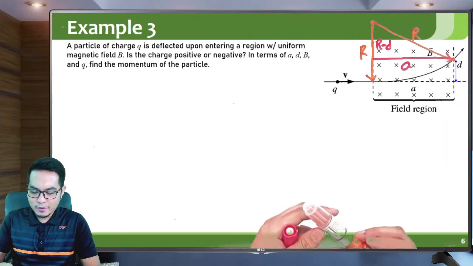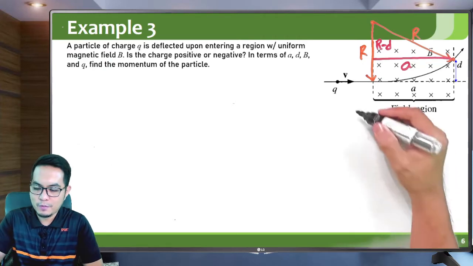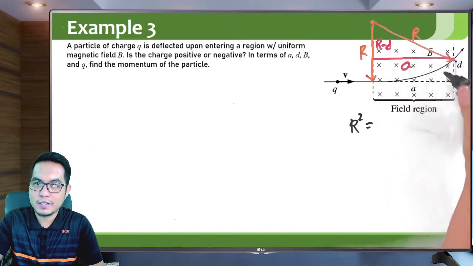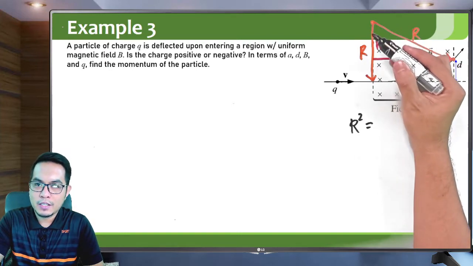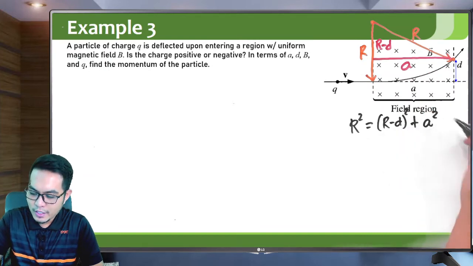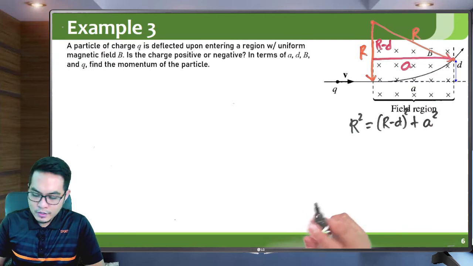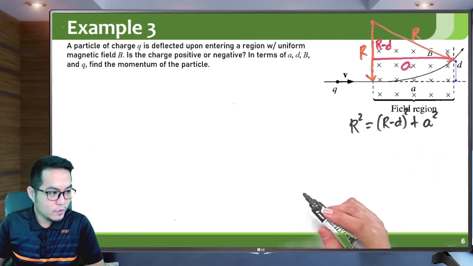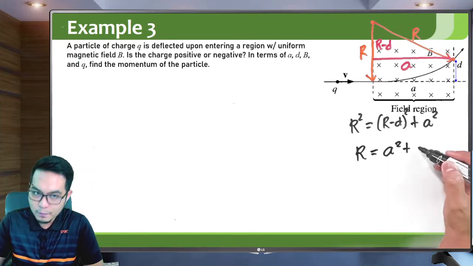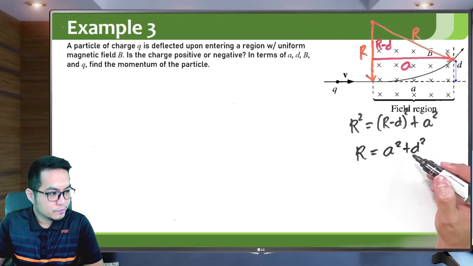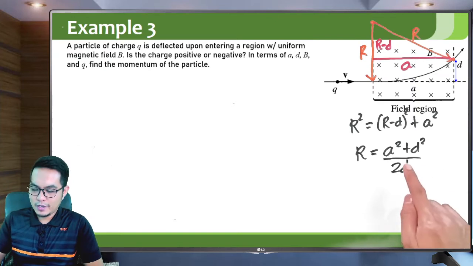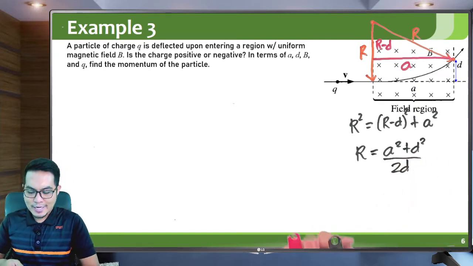And from this right triangle, we can actually solve for R. So R squared, the hypotenuse, is equal to the square of this side, which is R minus D, plus A squared. So solving for R, you will get, I will leave this to you, A squared plus D squared over 2D. So you can now write the radius R in terms of A and D.